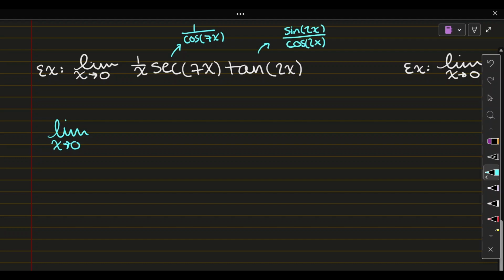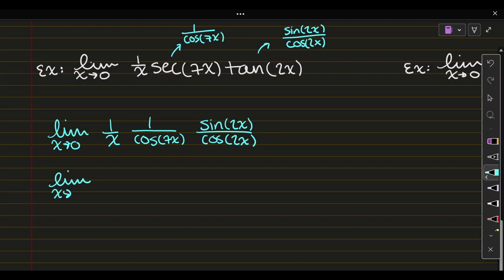So I can rewrite this as 1 over x times 1 over cosine of 7x times sine of 2x over cosine of 2x. I can rewrite this now as the limit as x goes to 0 of sine 2x over x times 1 over cosine 7x times 1 over cosine 2x.